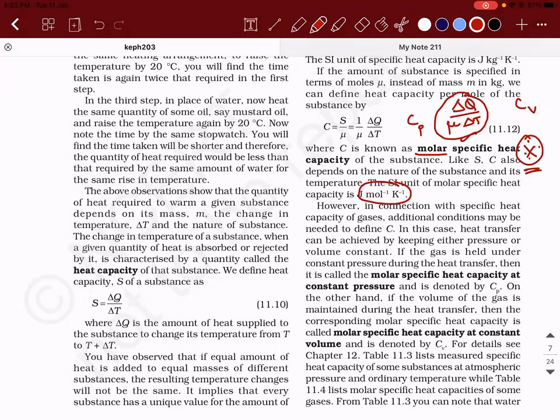C is the symbol used, but you need to use a prefix in addition to it. That is why I told you this will be dealt with in depth in the next chapter. As of now, don't worry. Try to concentrate on the definition. Definition is clear, right? You have a clear differentiation between what is specific heat capacity and molar specific heat capacity. Just tell me yes or no. Yes, sir. Yes, that is enough for me.